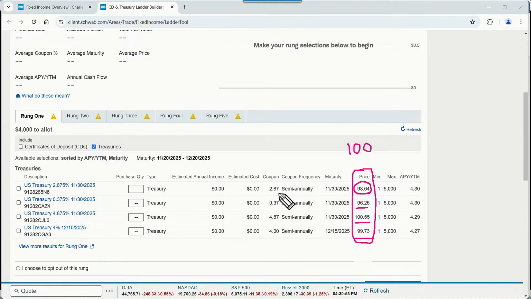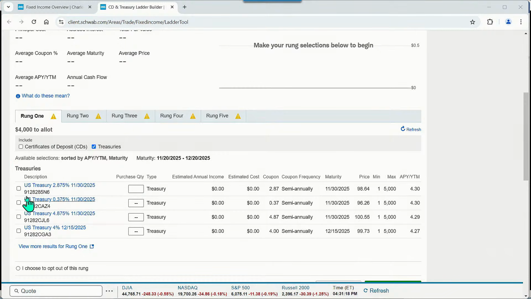Similarly, here's one that's at a slight premium. You're paying a little bit more probably because the rates on this one are a little bit higher than prevailing right now. So that's why you may be at a discount or a premium to par.